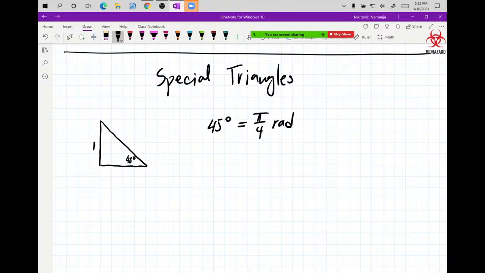Now, if you put these lengths to be 1 and 1, then by the Pythagorean theorem, the hypotenuse will be root 2.